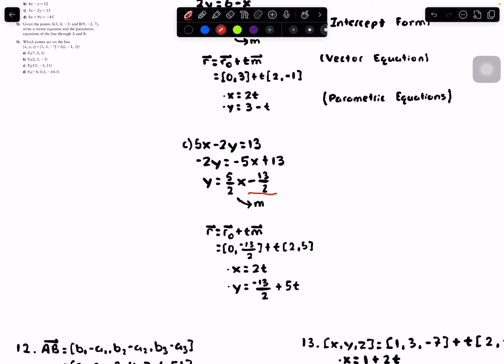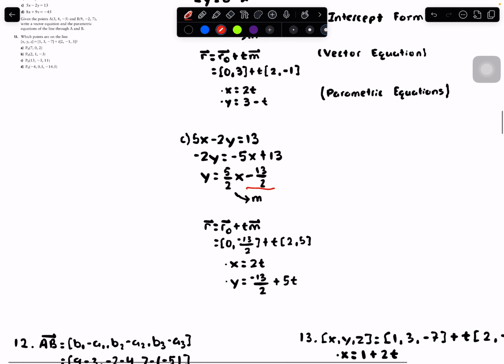Its corresponding direction vector would be (2, 5), rise over run, and now it becomes run, rise, in components. And then the parametric equations are also spit out quite easily after that. It's just x equals 2t, and y equals -13/2 plus 5t. Beautiful.